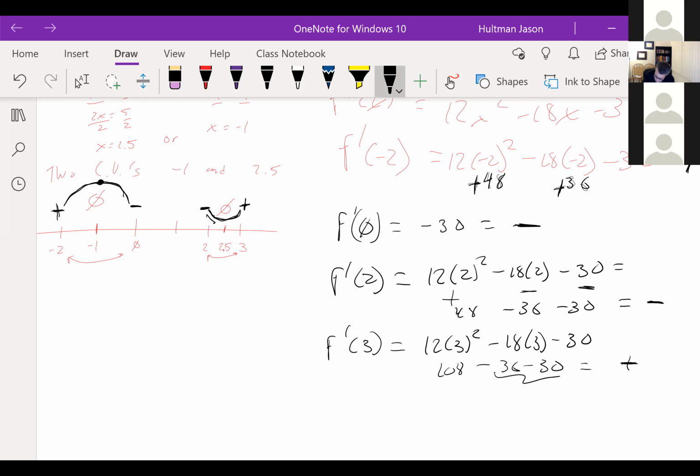Negative slopes to positive slopes, and so that has to be a minimum. So the graph is going to look like this, where we have a maximum at -1 and a minimum at 2.5.